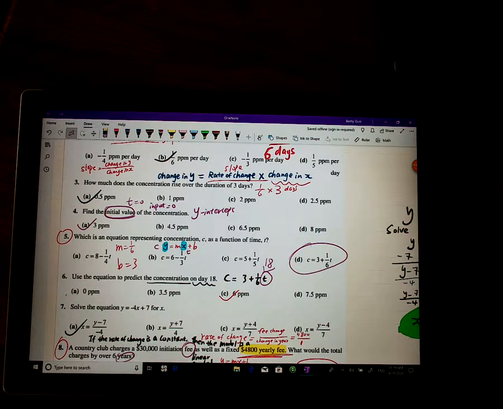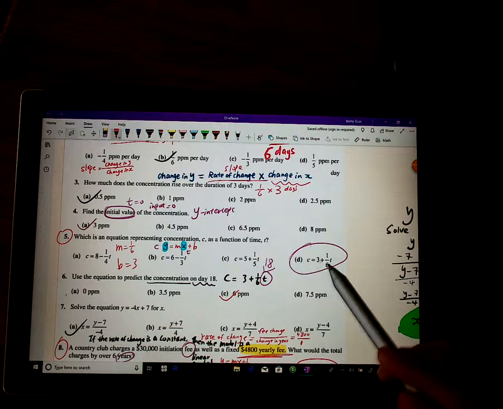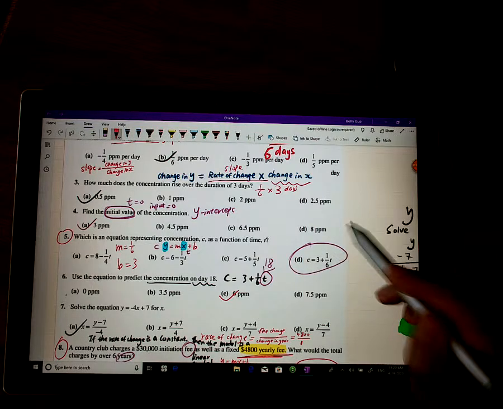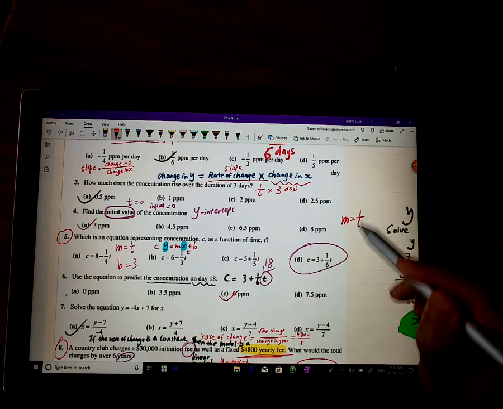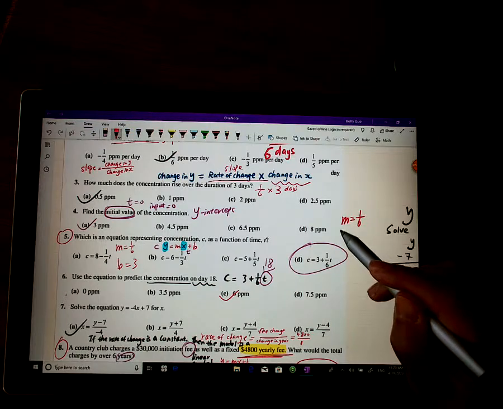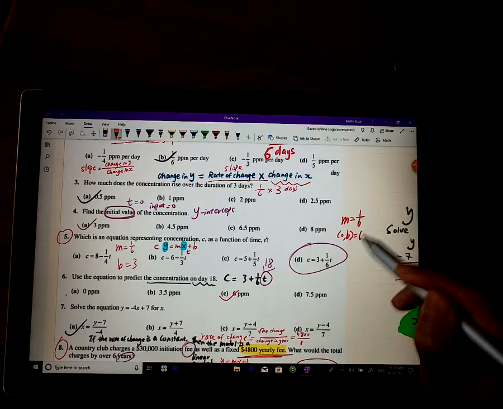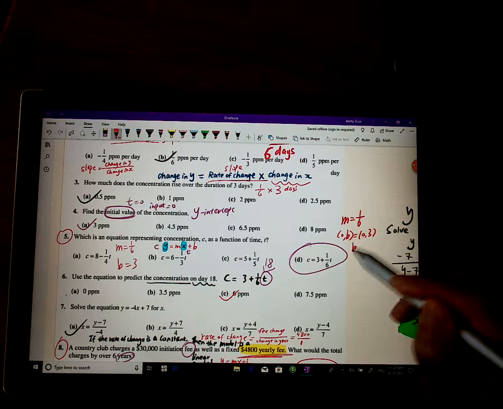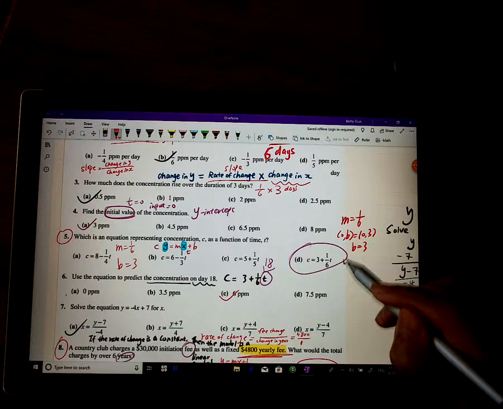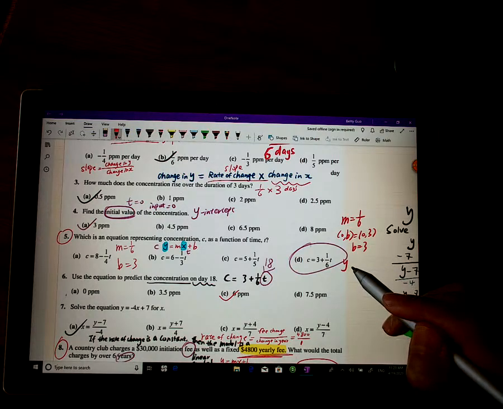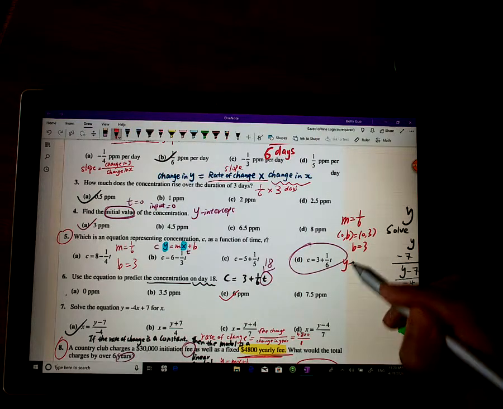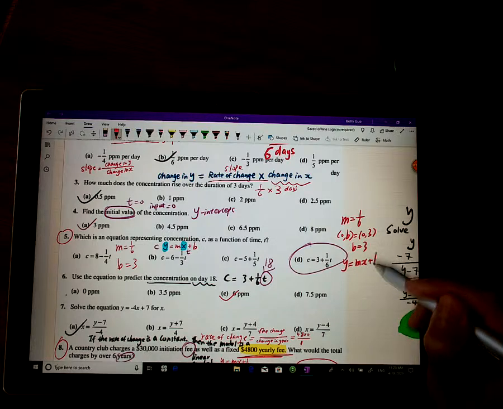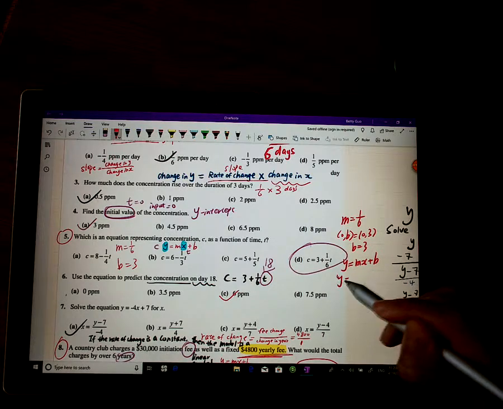Number 5, which is an equation representing concentration C as a function of time t. Okay, slope m equals 1 over 6, right? Y-intercept (0, 3), so b equals 3. So we know the slope-intercept form of the equation: y equals mx plus b. Let's plug in the values for m and b.